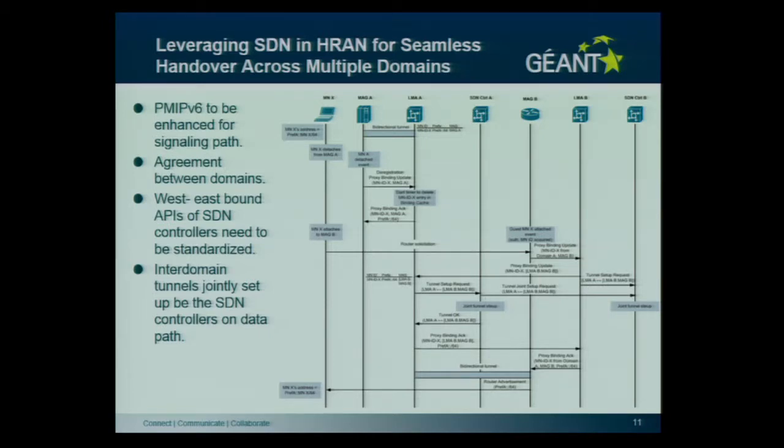So what we need here is an enhanced PMIPv6 protocol, and we need to have agreements between domains, and we also need west and east-bound APIs for the communication between controllers in order for them to establish multi-domain tunnels on the data plane.